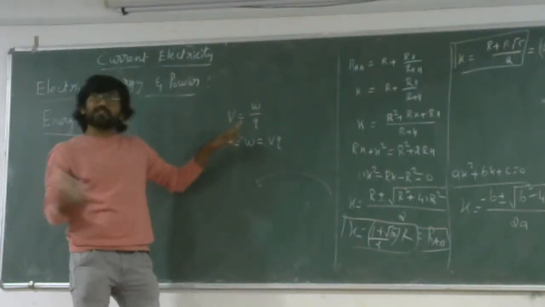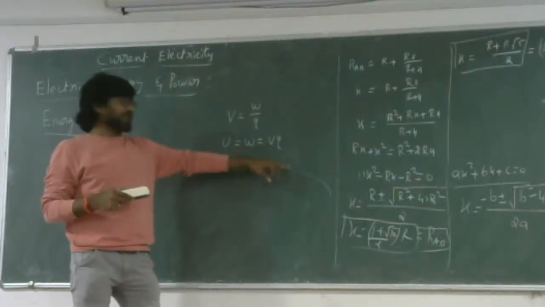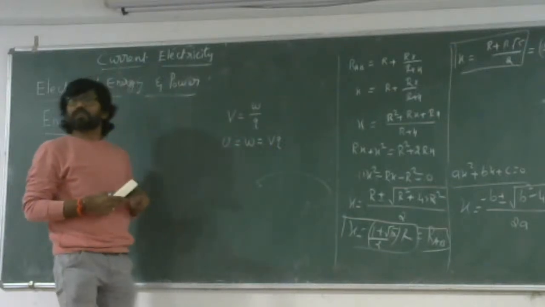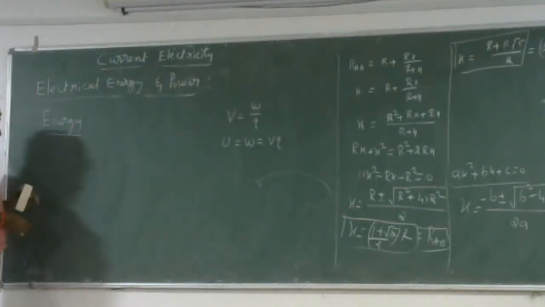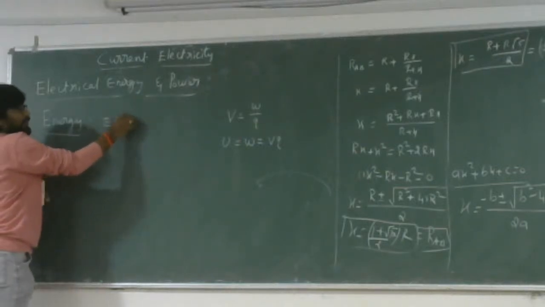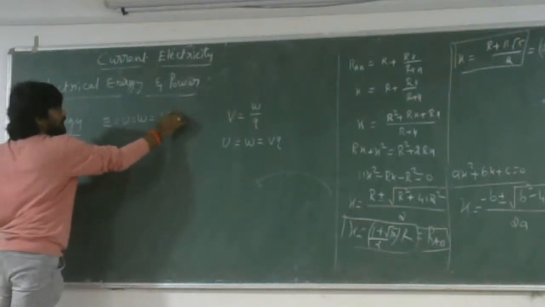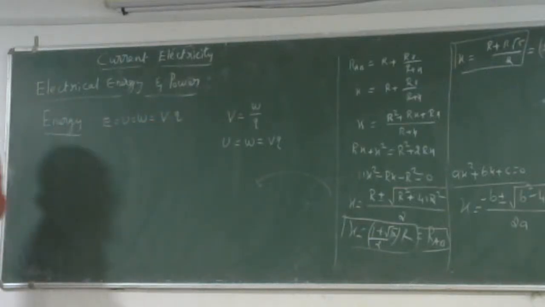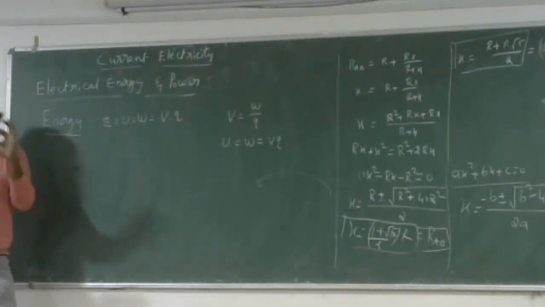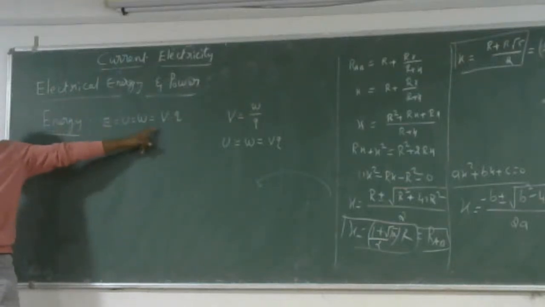Whereas in the presence of an external field whose potential is V, the potential energy is the work done, V into Q. Energy can be expressed as E or U or W, equal to V into Q. This is the work done in transporting charge Q in the circuit once.